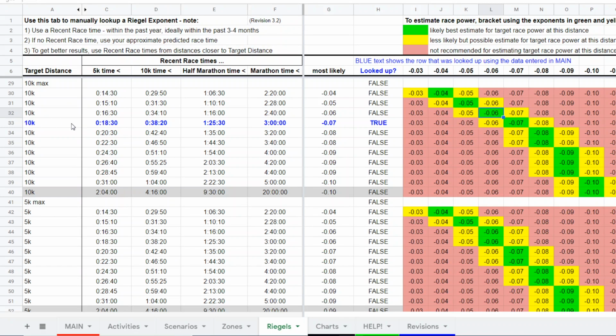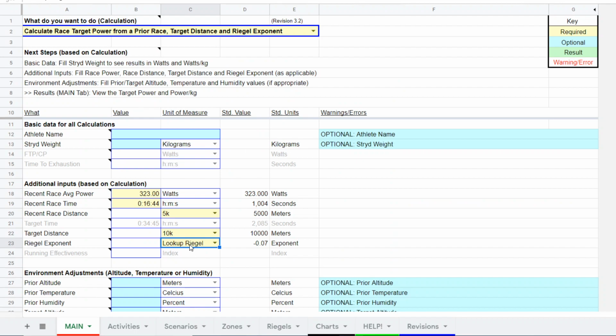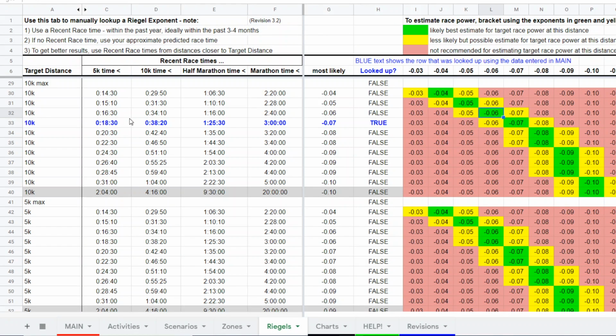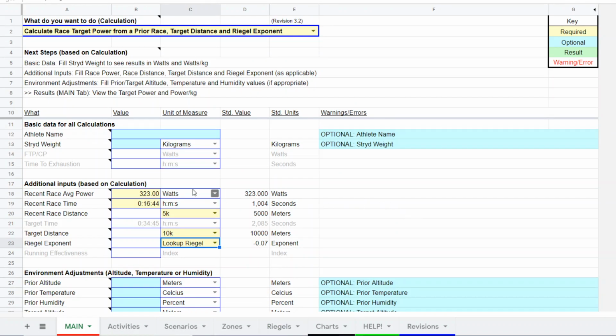So then, look it up. All right, so this is not working the way it was working offline, but here's how you use it.